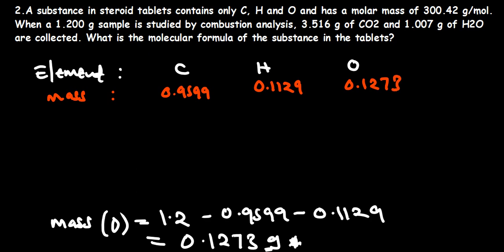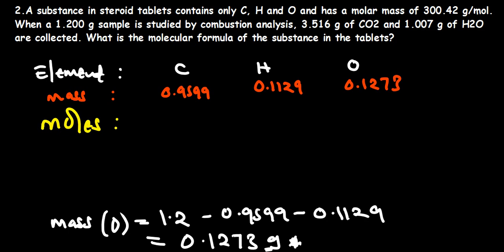If you have any questions, guys, please feel free to ask. Then we go to the moles. How are we going to find them? We just divide each mass by the molar mass of that element.